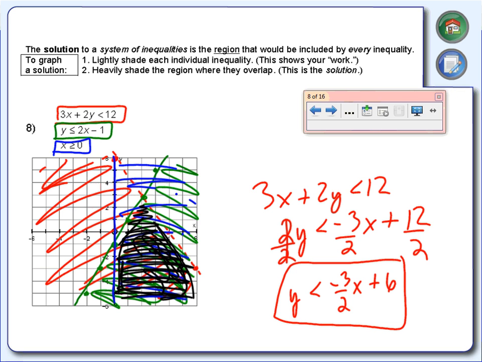So that darkened area is going to be where all the solutions are to all 3 of these inequalities. It satisfies all 3. Anything that's not within that shaded area would not satisfy all 3 inequalities. Might satisfy 1 or 2 of them, but not all 3. All right, so that takes care of number 8. 3 inequalities all in one graph.